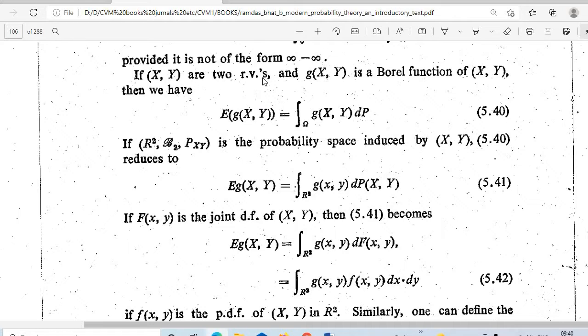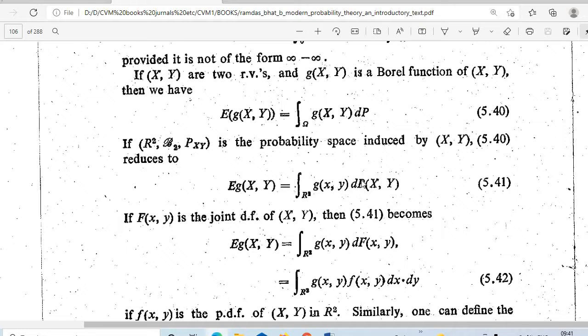Two random variables x and y, and we consider a Borel measurable function g of x comma y. Then expectation of g of x comma y is equal to integral over omega g of x comma y dp. Okay, this g is defined on the bivariate space, that is R2, B2, Pxy. So that is a probability space in which the random vector x comma y is defined.